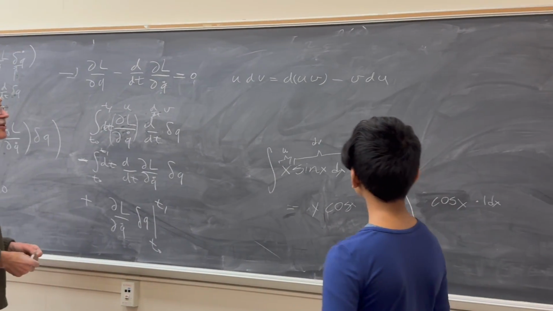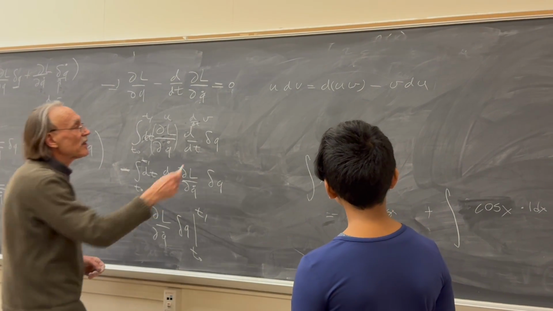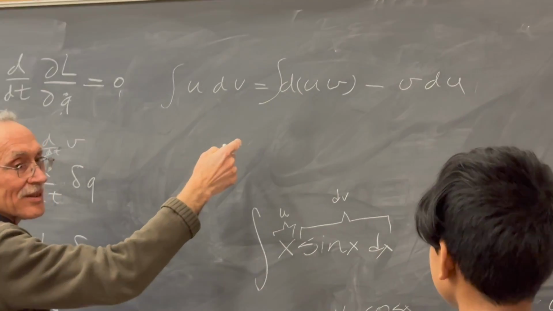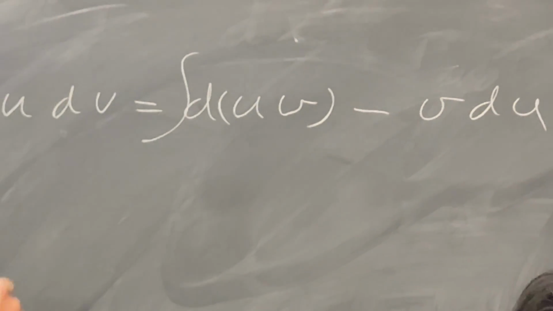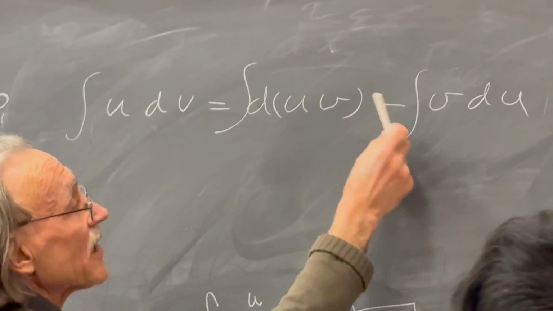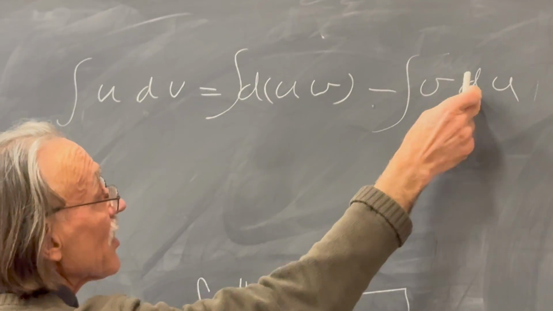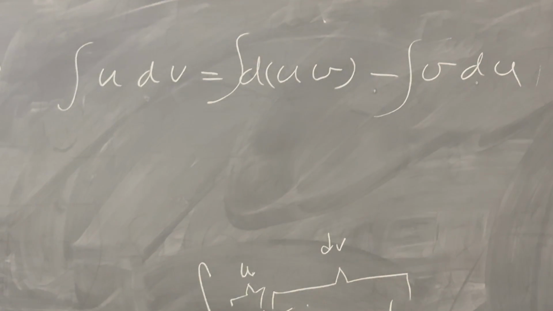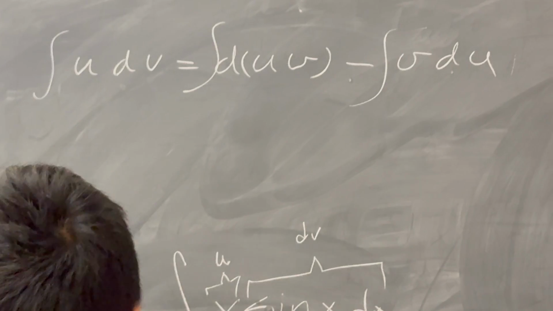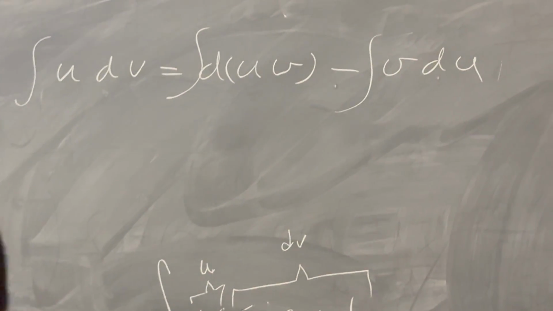That is what you are using. And if you integrate this, this becomes an exact integral, because there's a d here. You have to evaluate it by the endpoints, and here you have the minus sign, and now you have the derivative, du, that is this. And the v is now without the derivative. So it's exactly the same.